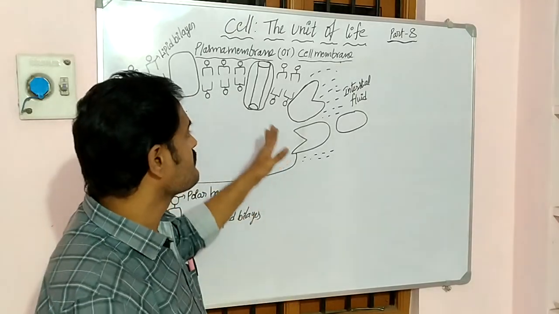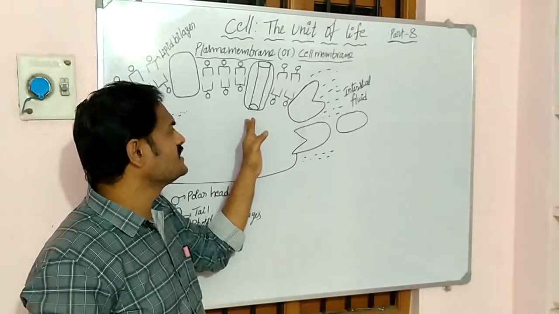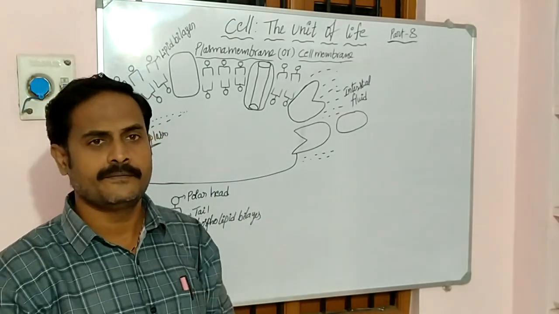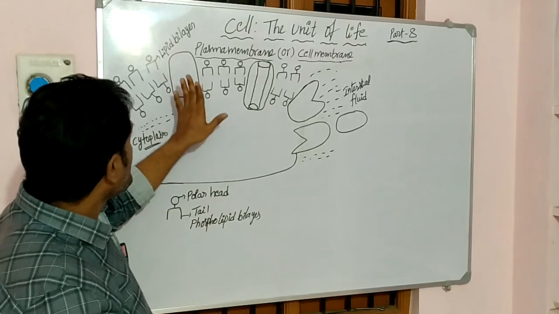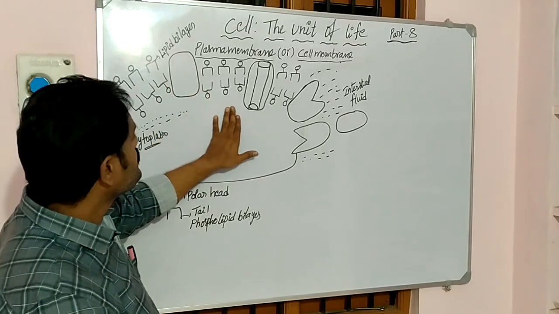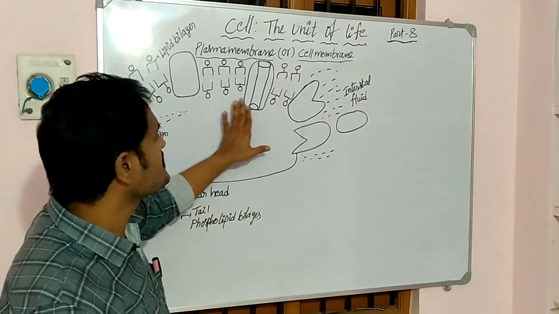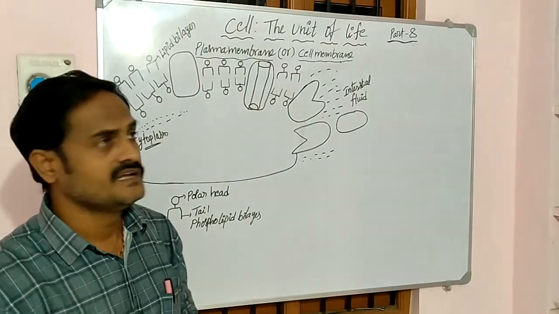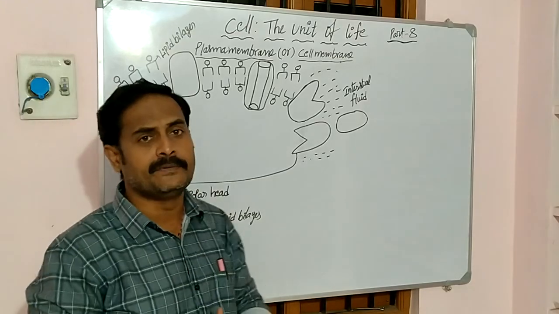These proteins carry out very important functions in the plasma membrane. Okay, now what is the importance of the proteins arranged in the plasma membrane, and what is the function of the lipid bilayer?